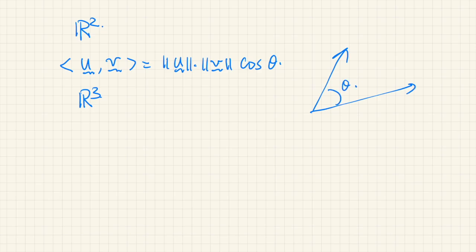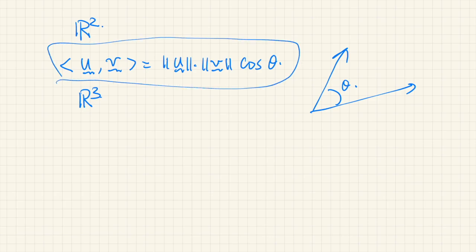So if you try, you can prove the same thing. But what about even higher dimensional spaces, like 4, 5, or 6 dimensions, or even a million dimensions? Then do we still have the same result? The answer is not so simple, because in those spaces we cannot visualize this angle between the two vectors.